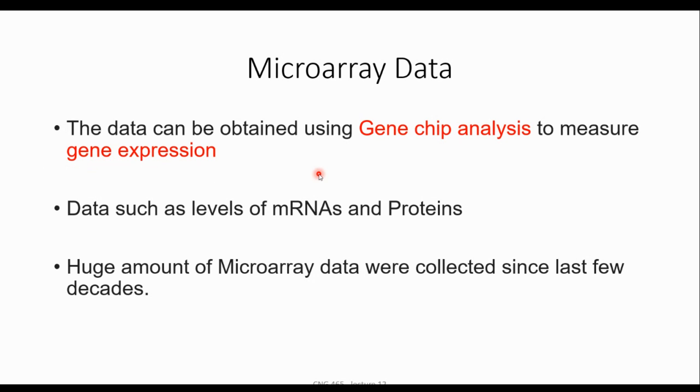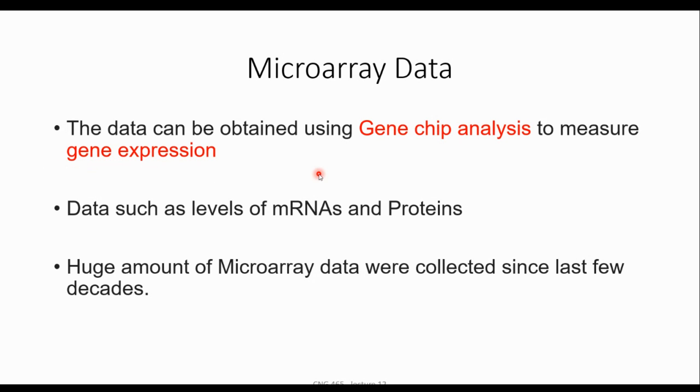For example, if we are talking about the beta globin gene, it is at what level we can have beta globin mRNA or the beta globin chain as proteins. So these are related to gene expression.